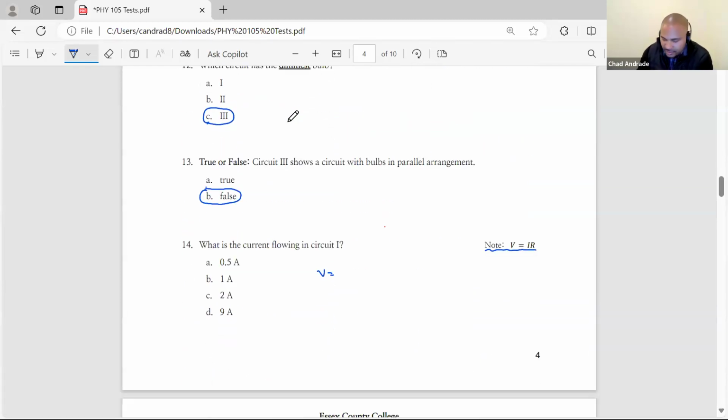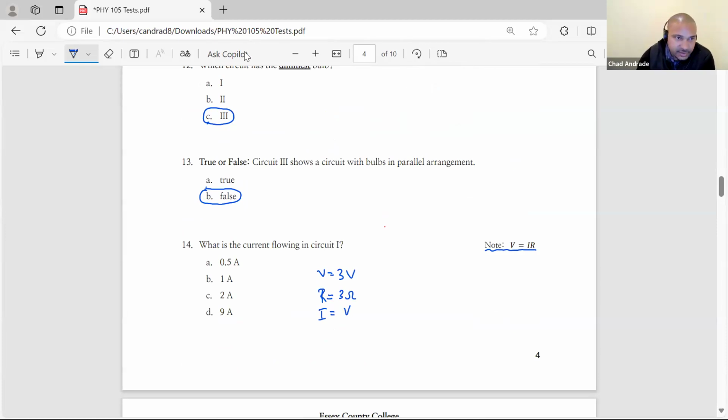The voltage in that circuit is 3 volts. The resistance is because of the light bulb. The light bulb has a resistance of 3 ohms, and therefore the current that's flowing in that is V.